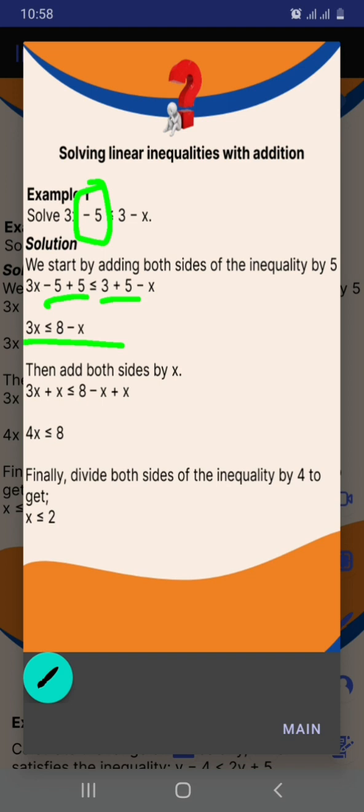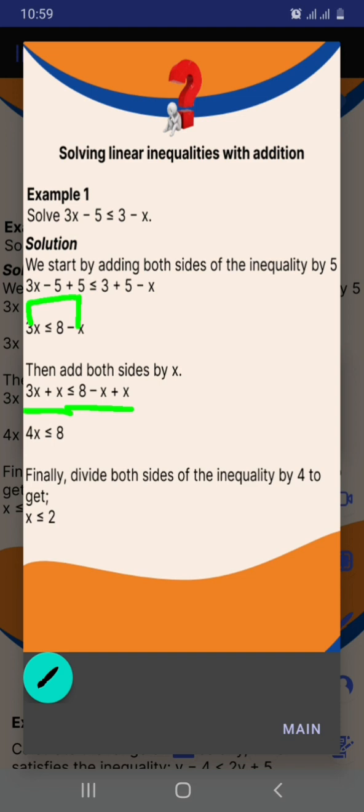Having to collect like terms, we're going to have 3x plus x. That is, when it crosses the less than or equal to symbol, the sign will definitely change. That is 3x plus x. And you have 8 minus x plus x, which is definitely going to give you 0.